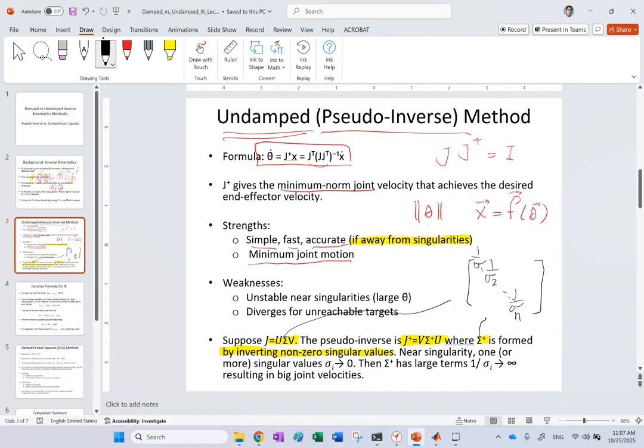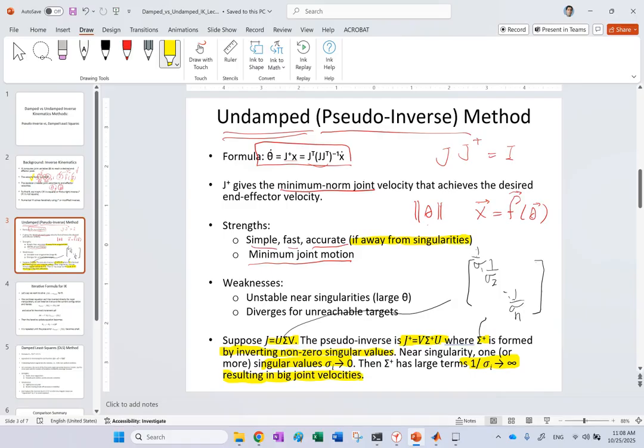And what's the problem? When you get close to singularities, the singular values of the sigma matrix go to 0. So the ones for the J pseudo-inverse, the sigma pseudo-inverse, guess what? They go to infinity. And that is where you start getting big joint velocities.